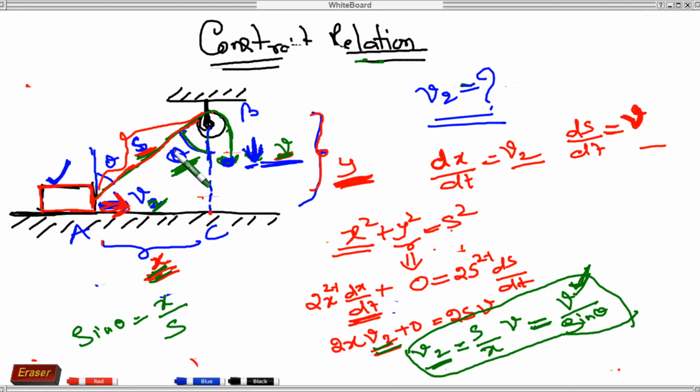When this block reaches here, theta might be different. So we are given that at some point of time the velocity of this thread is v, and at that point of time we have to find what would be the velocity of this block, v2.